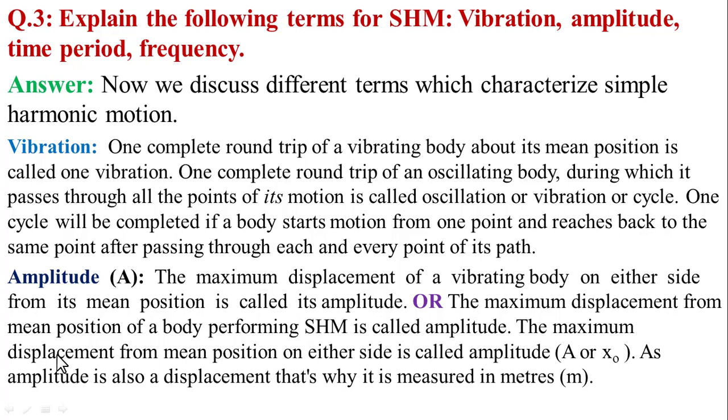The maximum displacement from the mean position on the other side is also called the amplitude, and amplitude is denoted by capital A or X naught. As amplitude is a displacement, it is measured in meters.